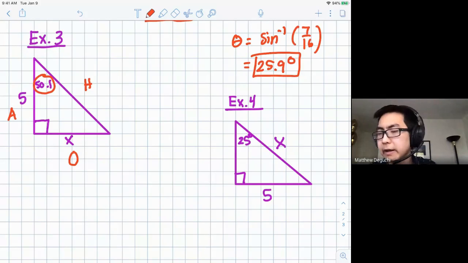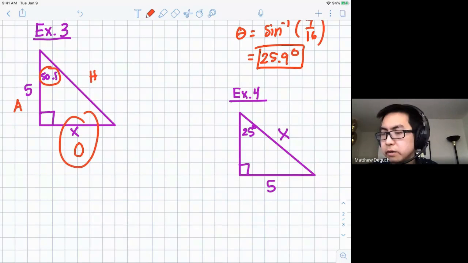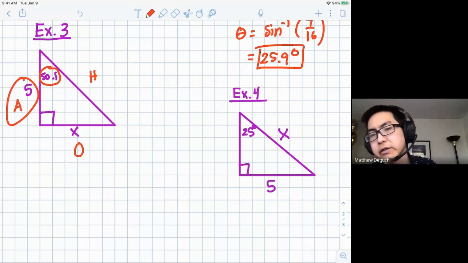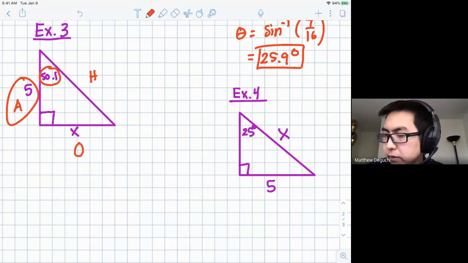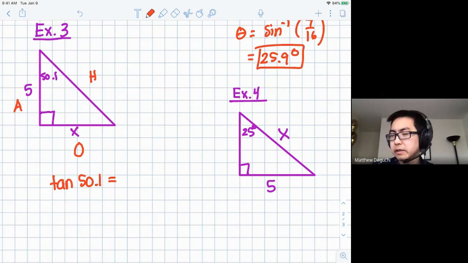So there's a variable at O, and there's a 5 at A. So we have to use O and A, which is tangent. So we got tan of 50.1 is equal to opposite, which is x, over adjacent, which is 5.